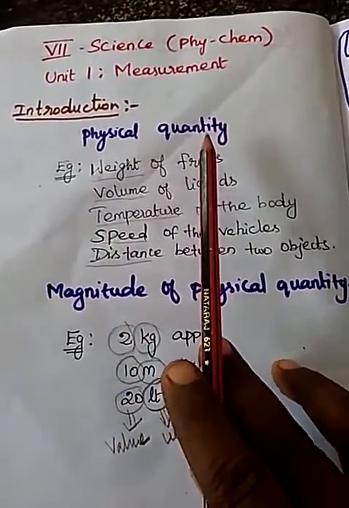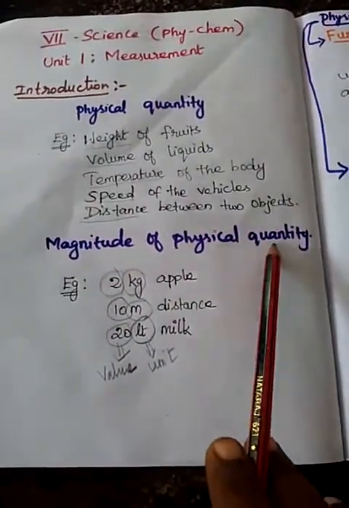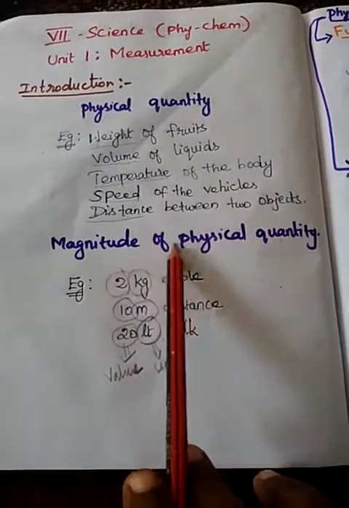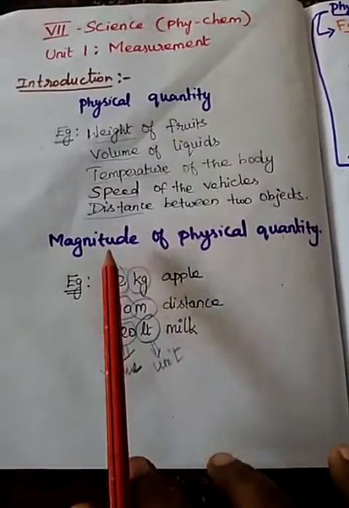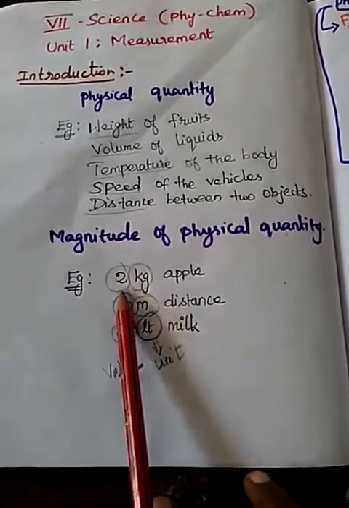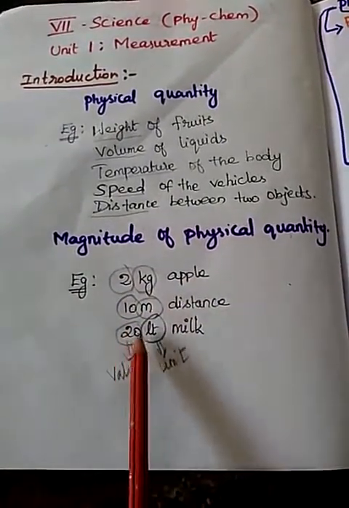Okay, students, then we see magnitude of physical quantity. What is magnitude? Here we see some examples: 2 kg apple, 10 meter distance, 20 liter milk.